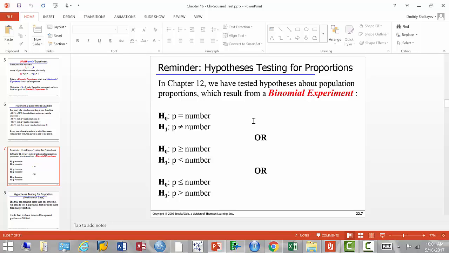And that was easy because whatever proportion votes for one candidate, that's 1 minus the proportion for another candidate, because there are only 2 of them. So that was fairly straightforward. Therefore, we could pick one of the cases, success, failure, Republican, Democrat, male, female, right-handed, left-handed, pick just one of the options and test the proportion for that specific option.